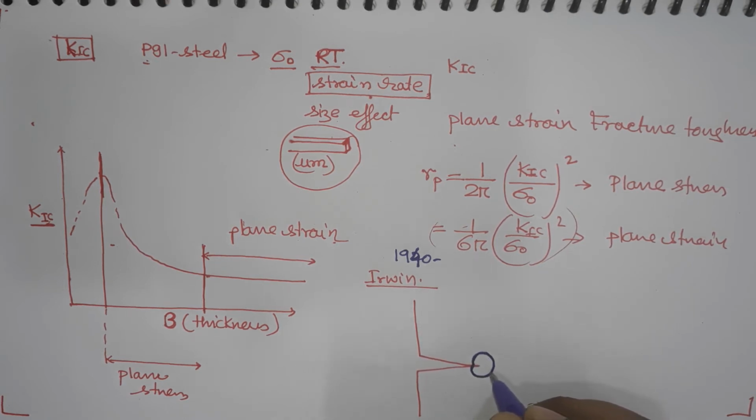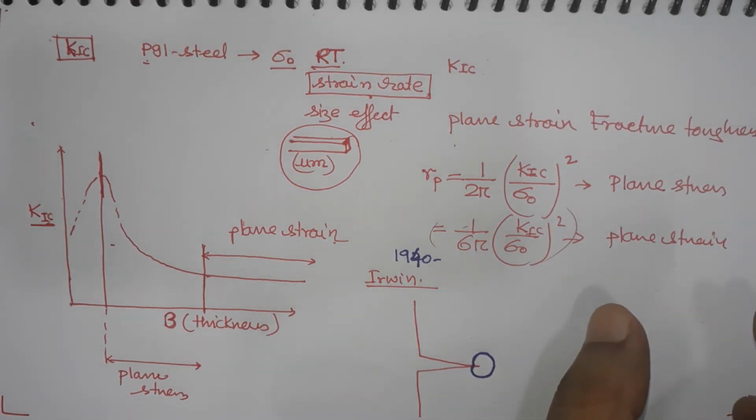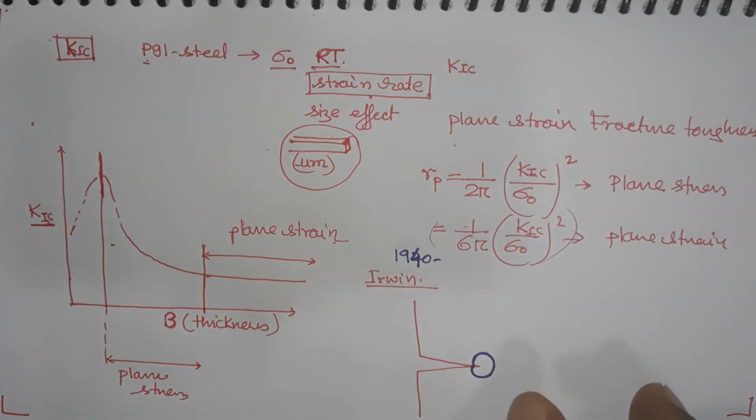Okay. What happens when there is a plasticity? What Irwin said is that this crack tip will blunt. So, initially we have a sharp crack tip, and this is also another important point. So, the conditions for measuring the plane strain fracture toughness is that you must be in plane strain condition.